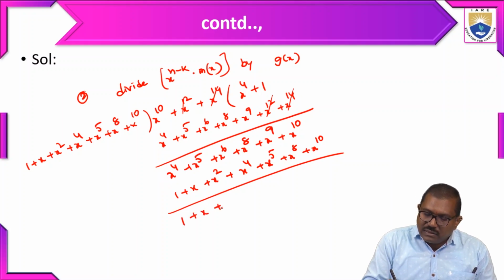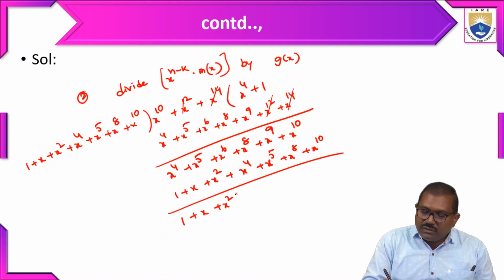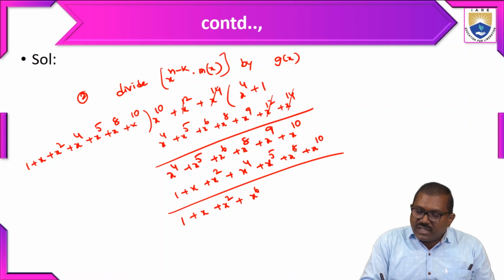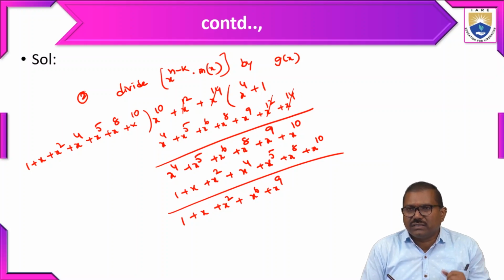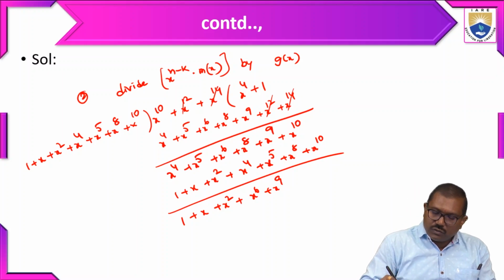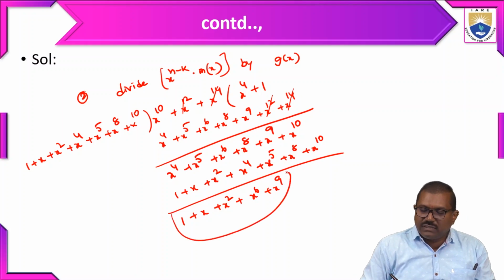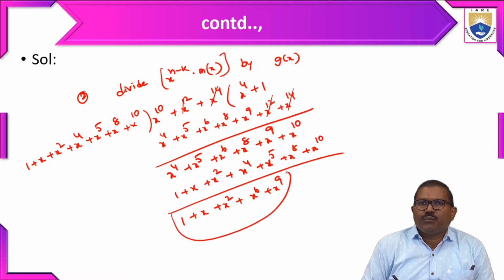Similarly x square. 4 term is there, so it is missed. 5 term is there, it is going to miss. 6 term is not there, so it comes. 8 term is going to miss. Again 9 term will come. 10 will go to miss. Why? 1 XOR 1, what you got? 0. So 0 in x power 10. So what is my remainder? This term. This is the whole remainder.